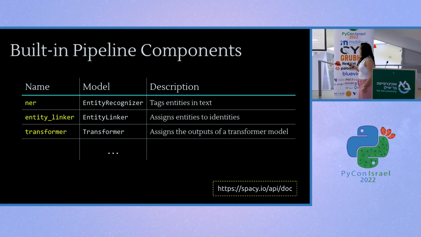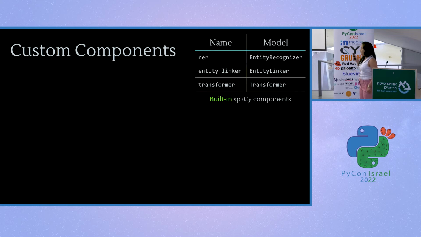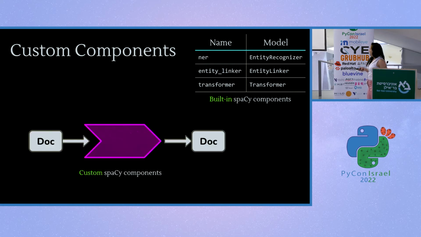Another cool idea is custom components. In addition to the list we just mentioned, you can also create a component for your own use case. A component is basically a function or a callable that receives the doc object, modifies it, adds some annotations, and returns the doc object.